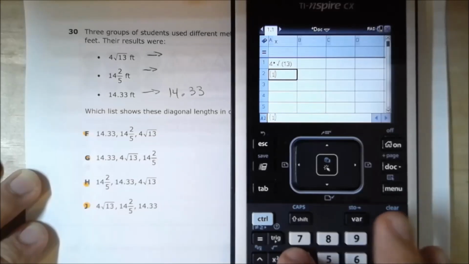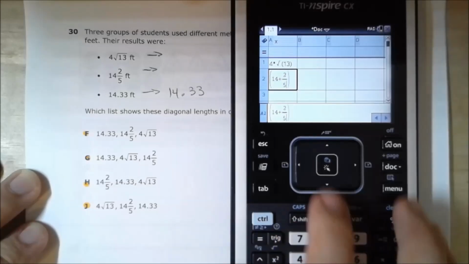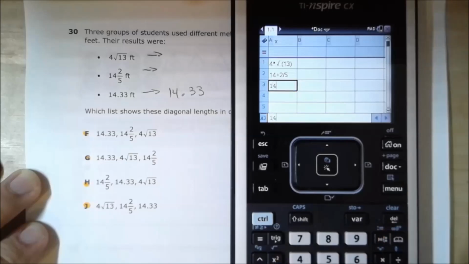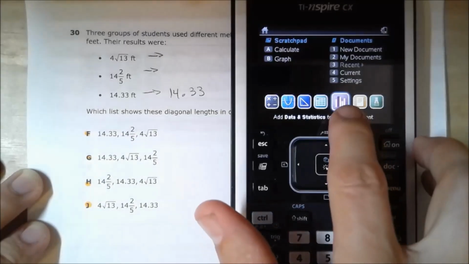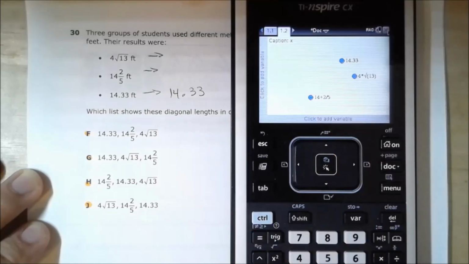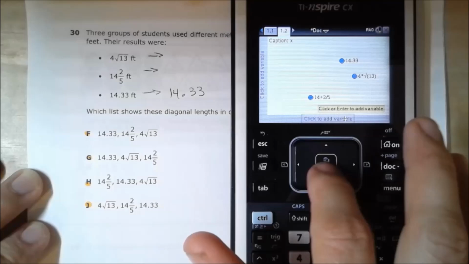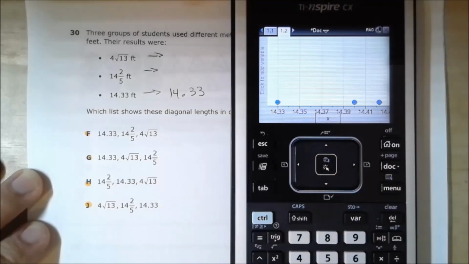I'm going to put these in parentheses. 14 plus 2 over 5. And then our last one is 14.33. Then I'm going to go home, click over and go to statistics. I'm going to go down to the bottom and change this to X, and it's going to order them.